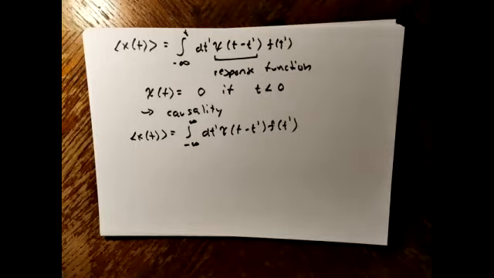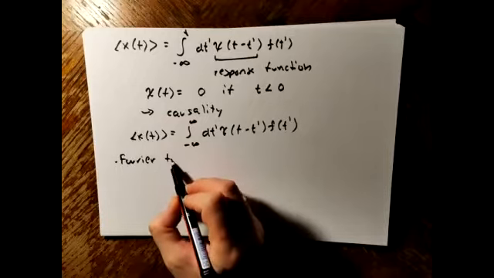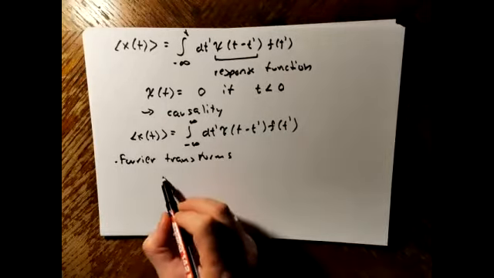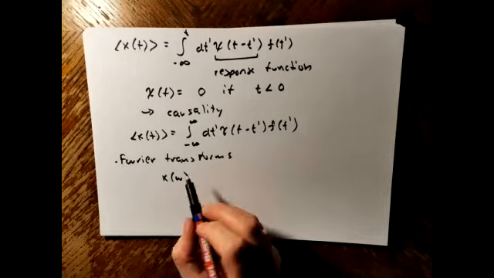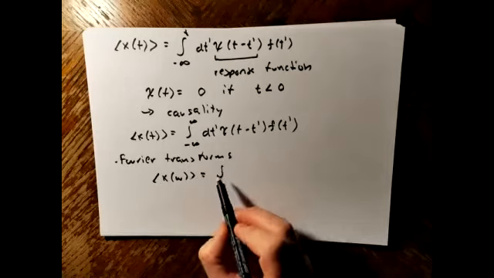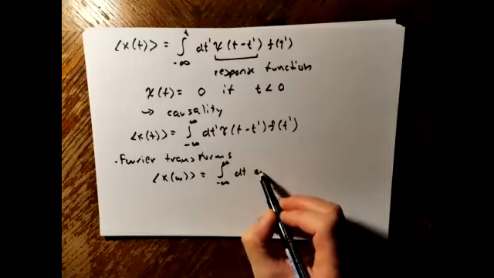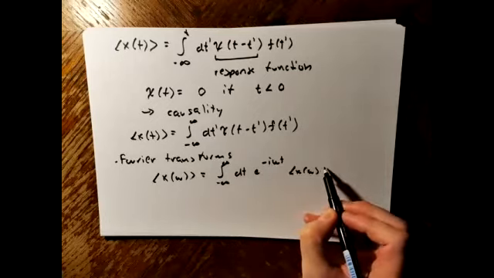And now we're going to switch to Fourier transforms. But we have to define those first. We're going to say that the Fourier transform, for example, of this quantity x, well, I guess we can average it, is going to be the integral from minus infinity to plus infinity dt e to the minus i omega t x of t.